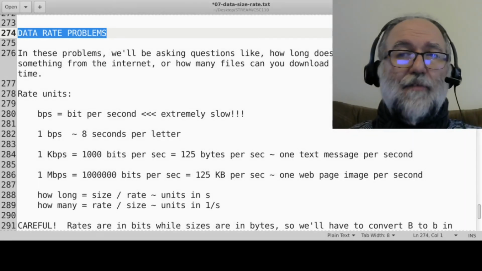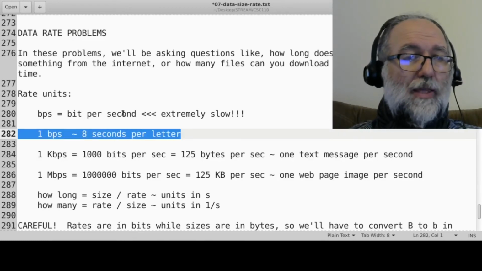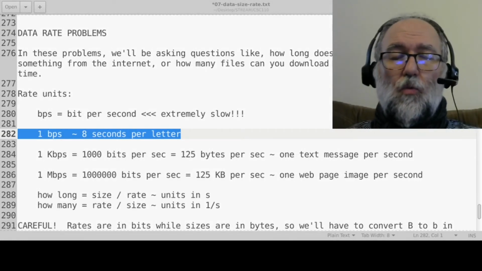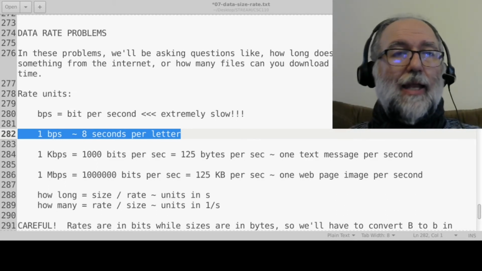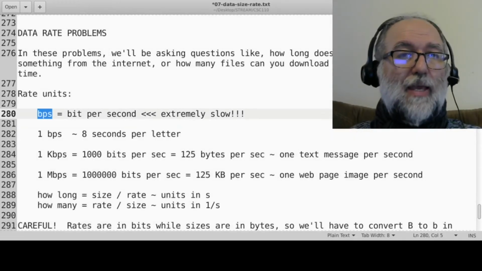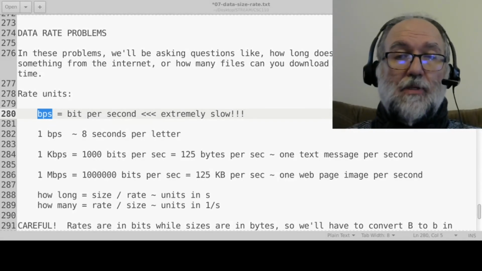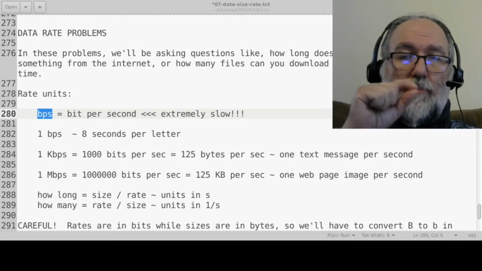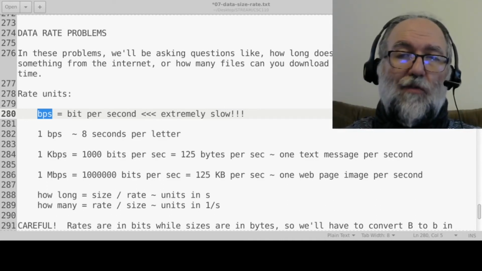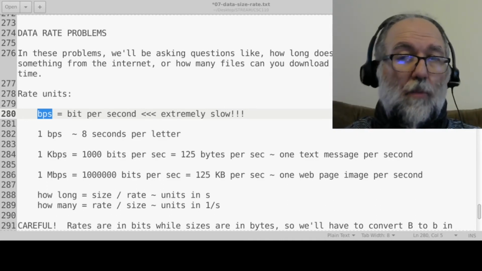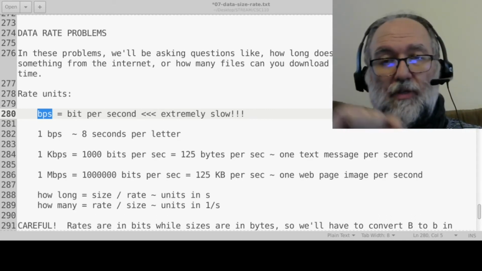Let's start at the lowest possible level with a bit per second. What does that mean? If you say something is a bit per second, and the unit is written as BPS, what that means is that this internet line would only allow the transfer of 1 bit every second, one 0 or 1 every second.